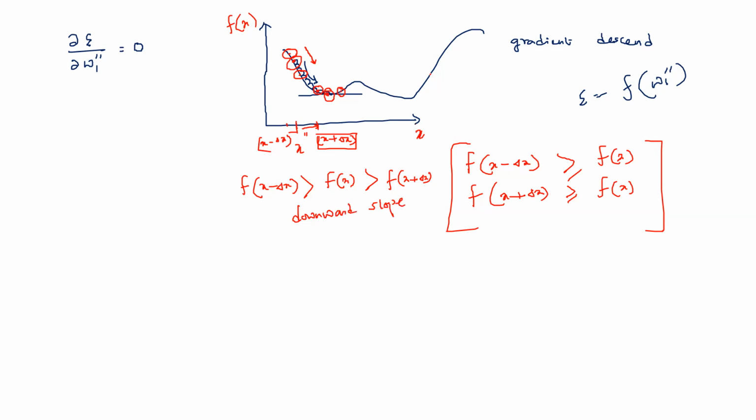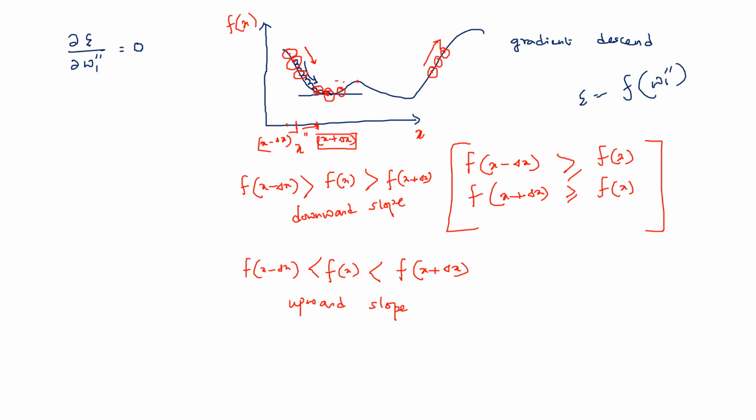And in the opposite case, let's say this is x minus delta x, this is fx, this is f of x plus delta x, this is an upward slope. By chance, if I had chosen x here, I would have received the upward slope, and then I would have moved in the negative direction. Instead of increasing the values of x, in the next iteration I would have dropped the values of x. This is an upward slope.